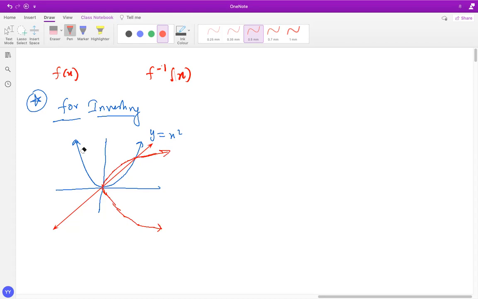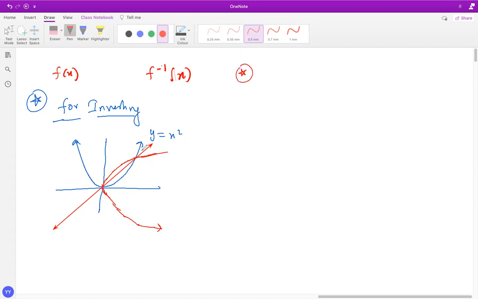Now, a very surprising fact is that if I erase this part and look at the graph, this function that we call an inverse is actually not a function, because it fails the horizontal line test. So what's going wrong here is that not every function will have an inverse for the natural domain. So what is the condition that we can use?